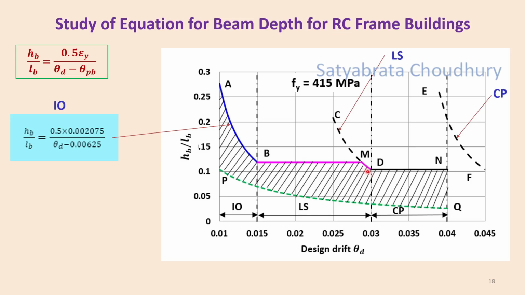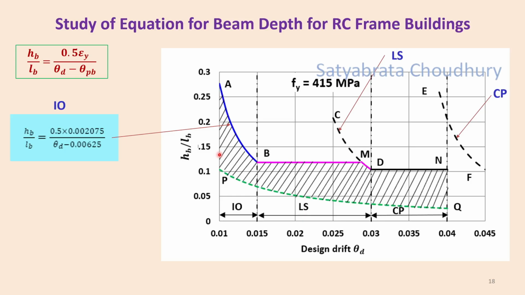So what does it indicate? That if I am at any point here, and I take the HB LB ratio here, then I shall get an LS building. You get it? I am at a point on that LS curve CD. So the corresponding vertical value is the HB LB ratio here.